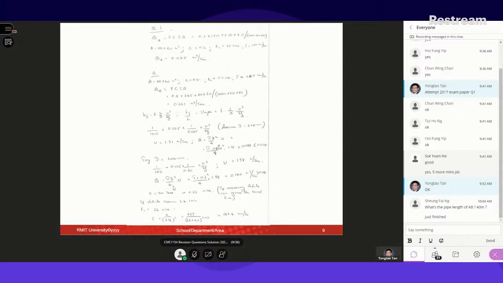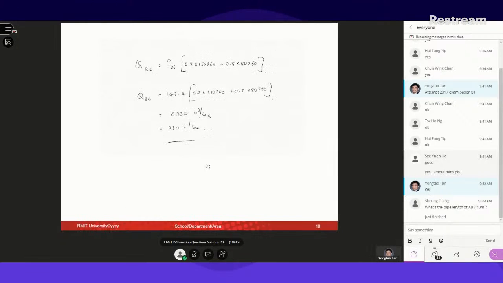So it is not suitable for the pipe BC because the flow in BC is 0.23. That means you need to try another pipe size, maybe 375 or 450 millimeter, to see whether the capacity is suitable or not. So this is the question in the exam paper 2017.